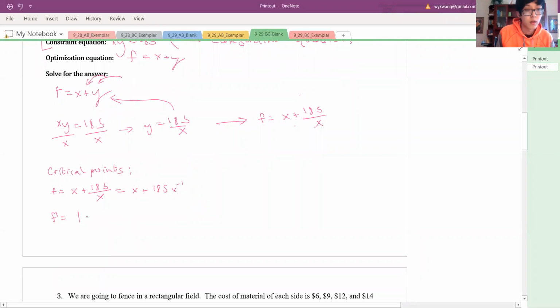Yeah, so 1 minus 185 x to the negative 2, right? Because I multiply the coefficient 185 by negative 1, and then I subtract 1. So that's just power rule. Sorry, my handwriting is so messy. 185 x to the negative 2.